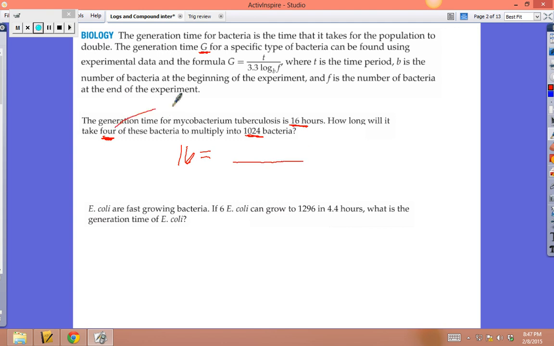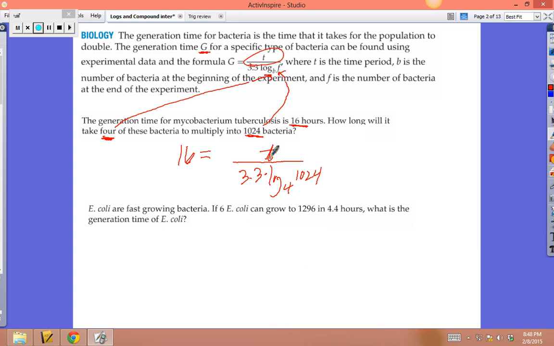So 4 is going to be the beginning, and 1024 is going to be what we end with. So 3.3 times the log in base 4 of 1024. And on top is T, the time period, and I think that's what we're after. They're wanting to know the time period. So we don't know that. So that's what we're trying to find.